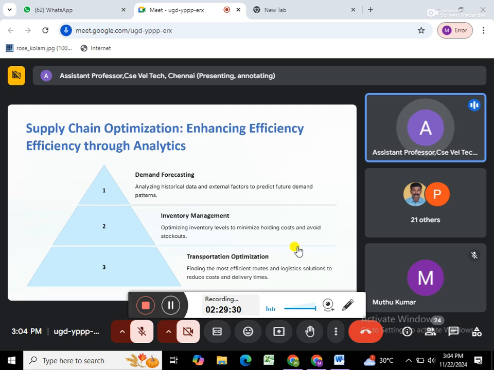It is one of the most important domains with respect to industry as well as manufacturing sectors. This pyramid will give you an idea of how all these domains are interrelated with each other.